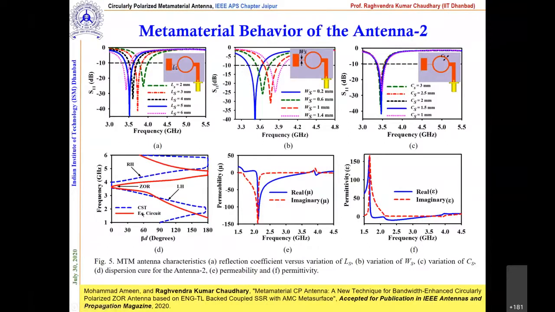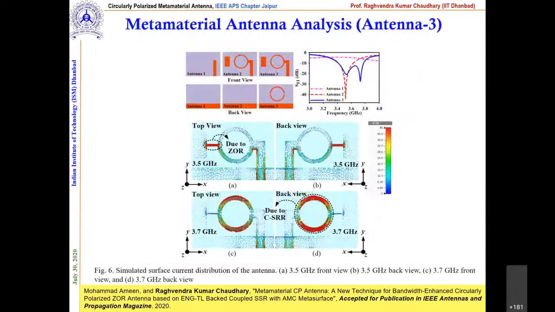What we found is that the dispersion diagram and other things are quite clear, correct. Now here you can see one of the proofs for these antennas. If you try to plot the surface current, ZOR is mainly due to the shunt elements, and the shunt elements come from this very thin line.